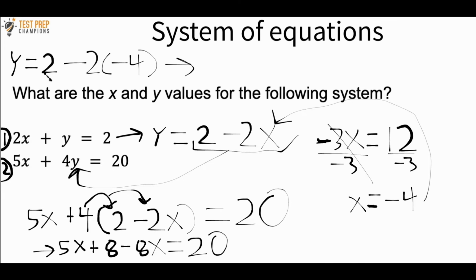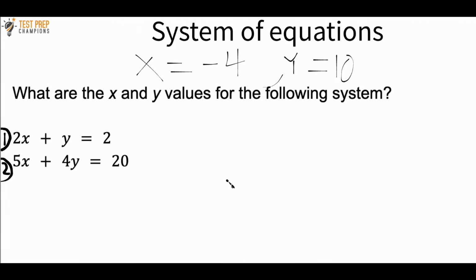This really turns into 2 plus 8, because negative 2 times negative 4 becomes positive 8. 2 plus 8 is 10, so y equals 10. So my two answers here are y equals 10 and x equals negative 4. So we know that the answers are x equals negative 4 and y equals 10.